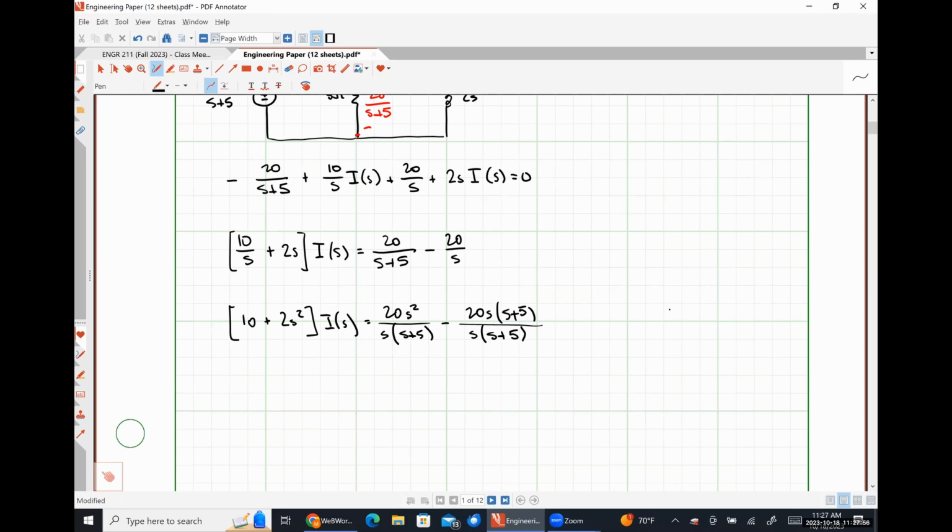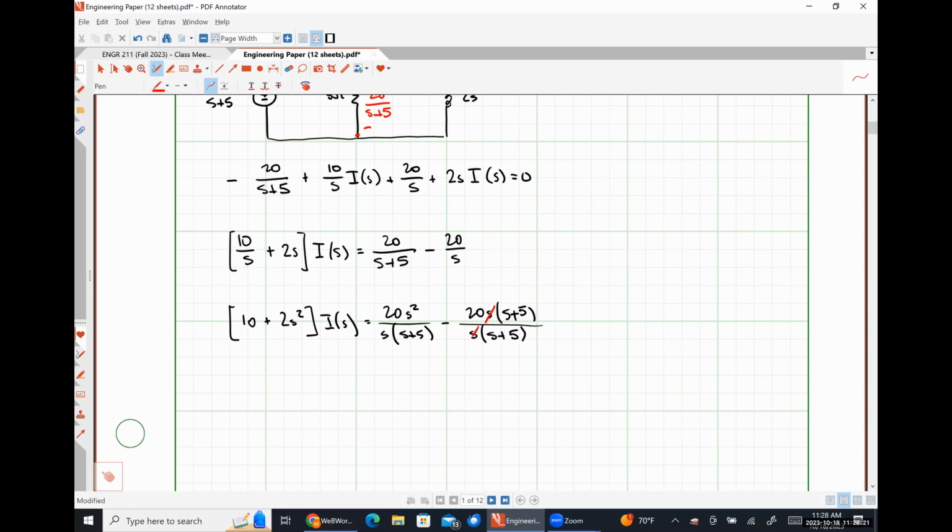That'll make it a little bit easier. So the S by itself in the numerator comes from me multiplying both sides by S to clear this fraction. The S plus 5 comes from me multiplying just this guy by S plus 5 over S plus 5. So I very strongly feel that it should only be a single S here. Okay. Now let's cancel out some S's to make life better.